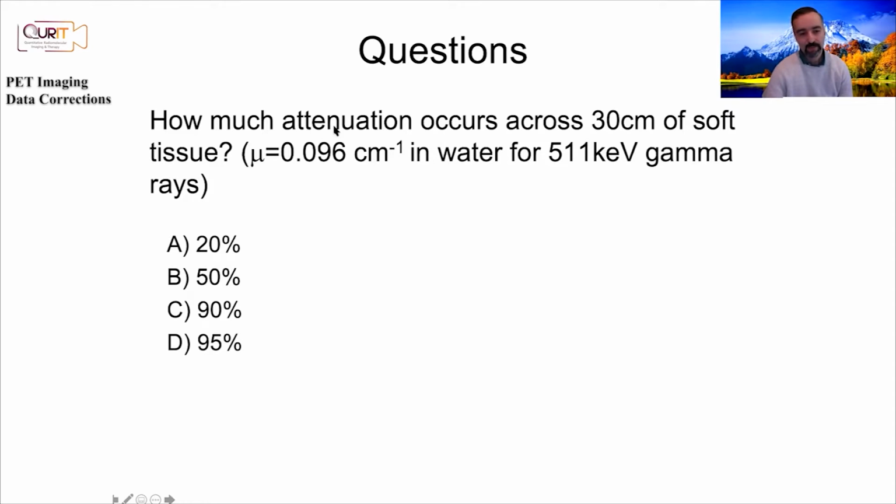I often estimate this number to just be 0.1 in quick calculations. I have that memorized: 511 keV in water or soft tissue is around 0.1. So how much is going to be the attenuation? Not the survival. What fraction, what percent of events will be attenuated, will not be detected? So let's enter your answers, please.